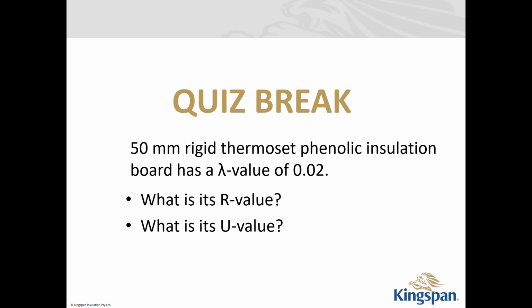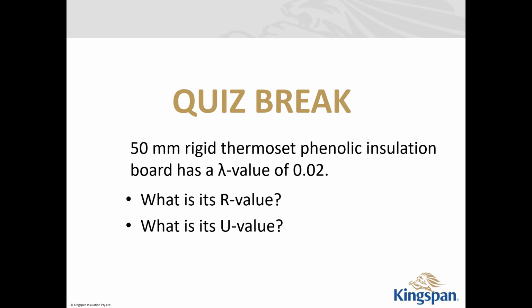We should probably run through this. A 50 mil rigid thermoset phenolic resin board has a K value of 0.02. So what is the R value and what is the U value? If we were to do that on the board, the actual thickness is 50 millimeters.